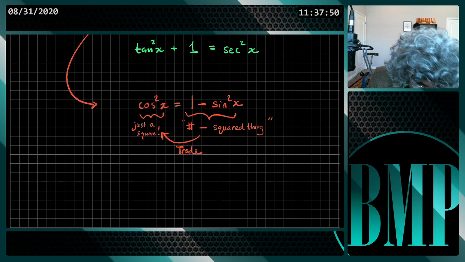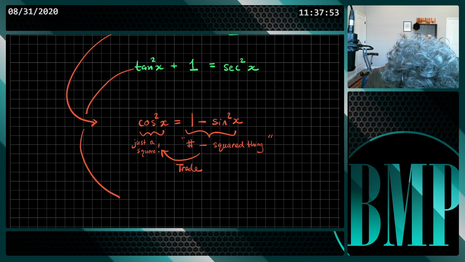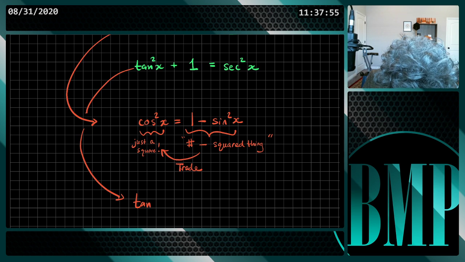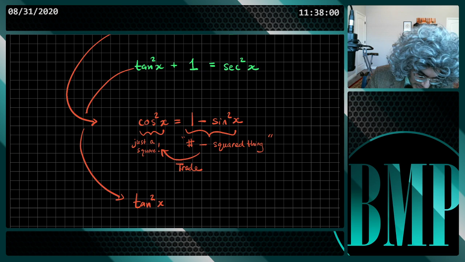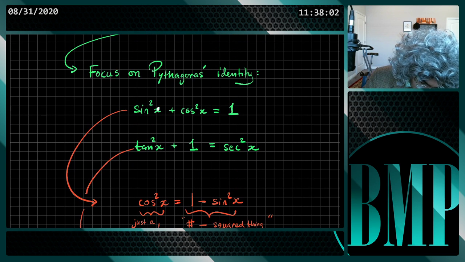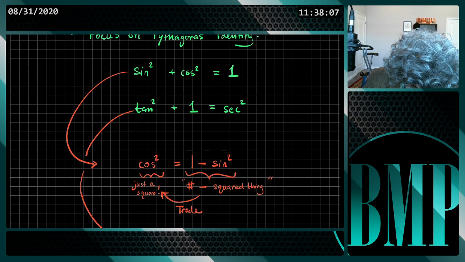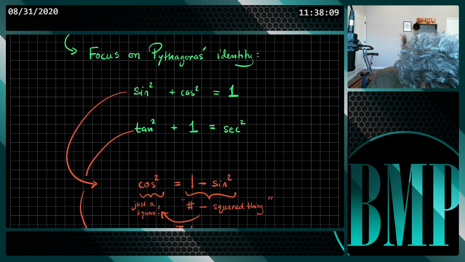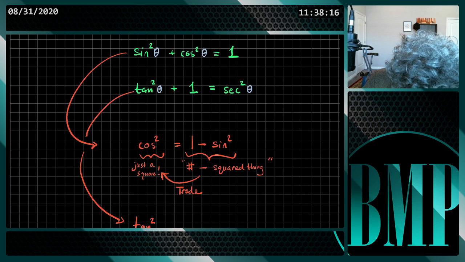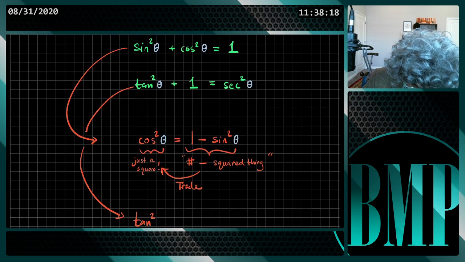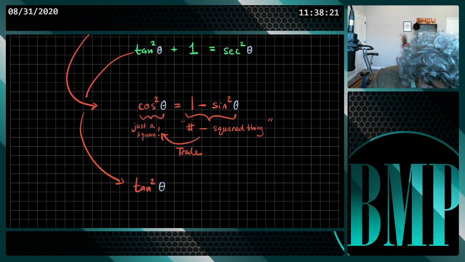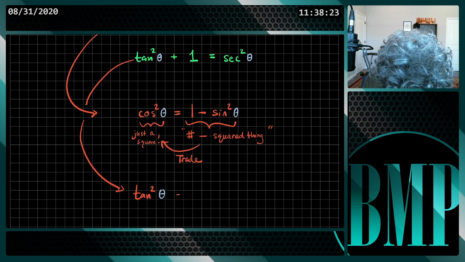And similarly here, if you look at the left-hand side, and sorry, you know what I should do everywhere? Since we're going to use x for something different, I don't want to confuse you. Let's put theta everywhere, so that it aligns with the notation I'm going to have during some examples.